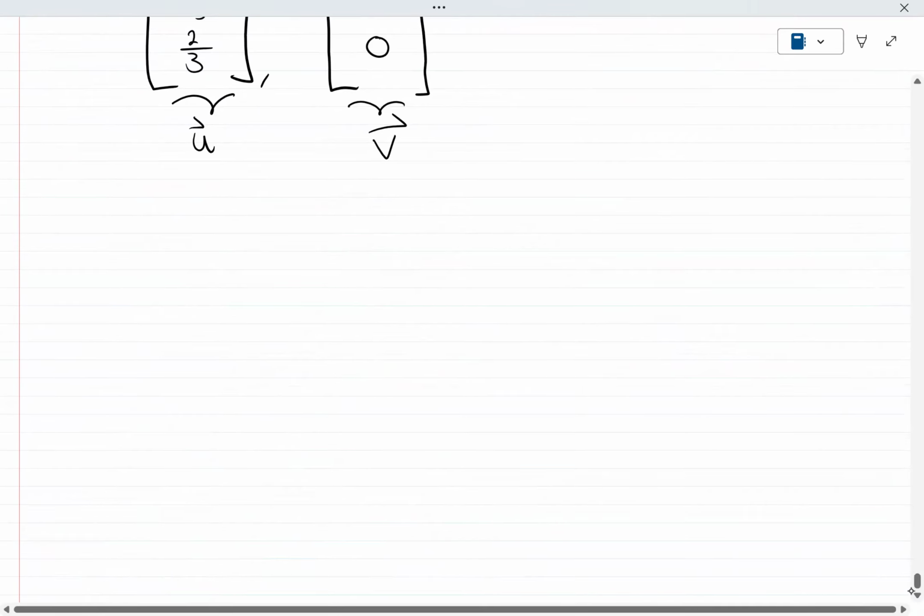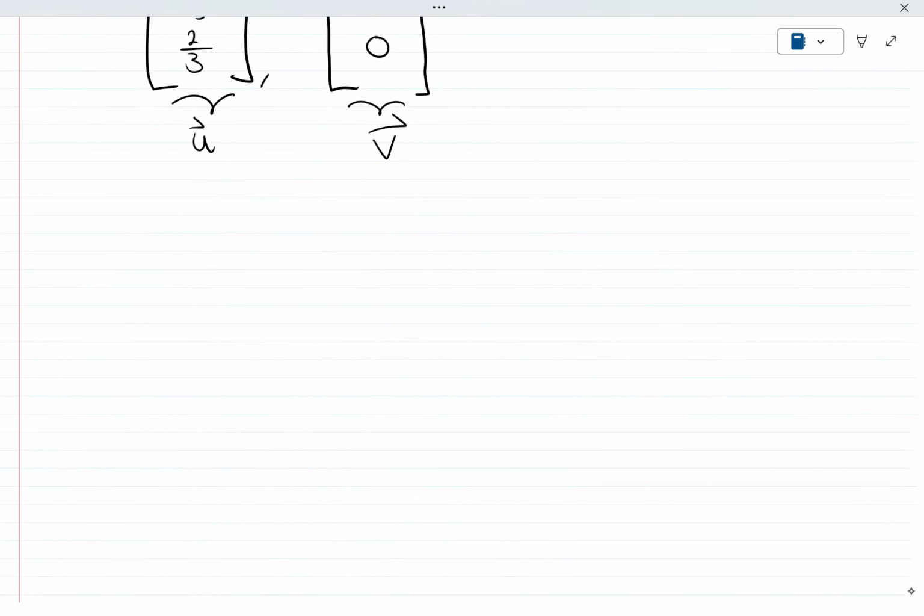First we have to determine if it's orthogonal. That means the dot product of vector u and vector v gives you 0.